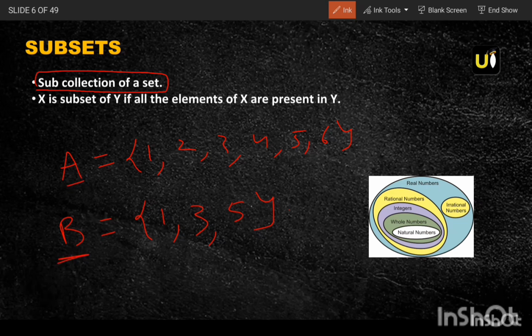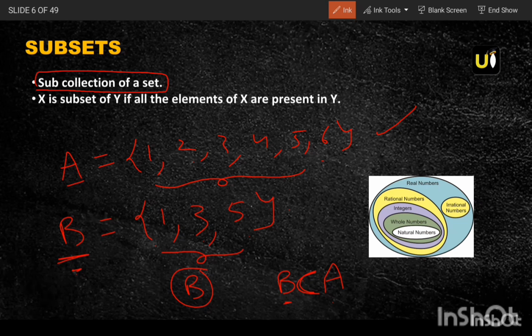Yes, because all the elements in B are also elements in A. 1, 3 and 5 belong to the set 1, 2, 3, 4, 5, 6. So B is considered a subset of A. We can denote it like this. This symbol represents B is a subset of A.